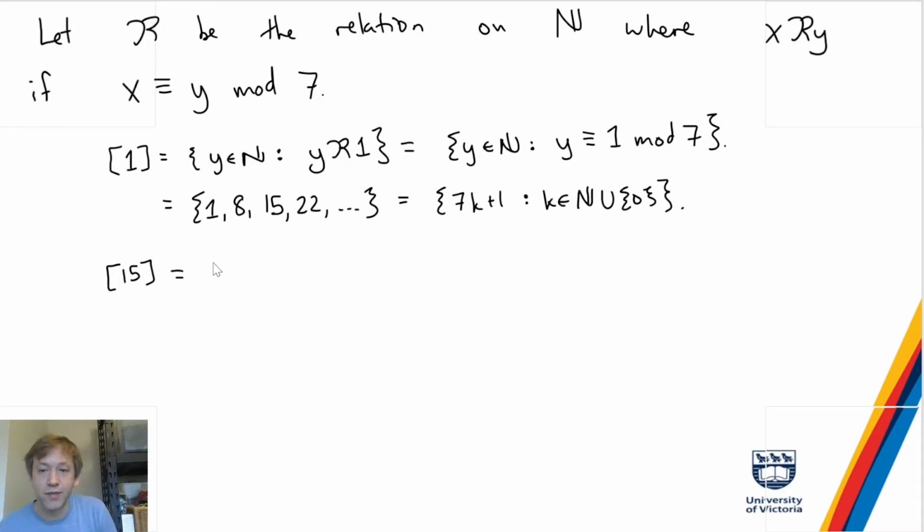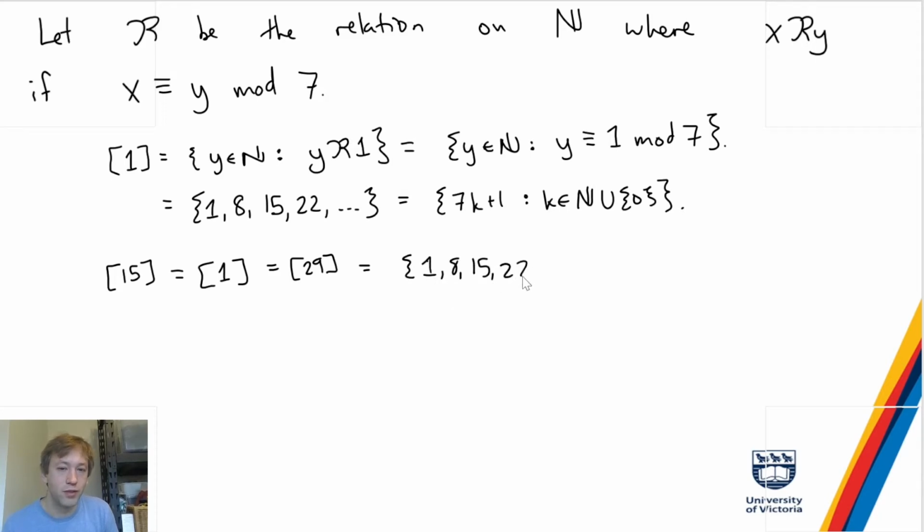So actually, the equivalence class of 15 is the same as the equivalence class of 1, which is the same as the equivalence class of, for example, 29, because it's always going to be the set 1, 8, 15, 22, and so on. If that's not clear to you, then please do think about what this relation is saying, and then you can probably convince yourself that this is true.